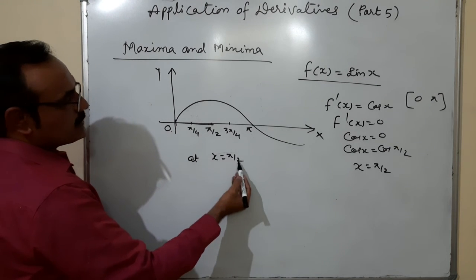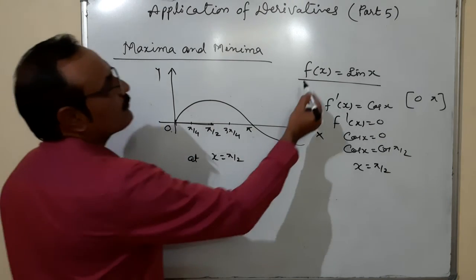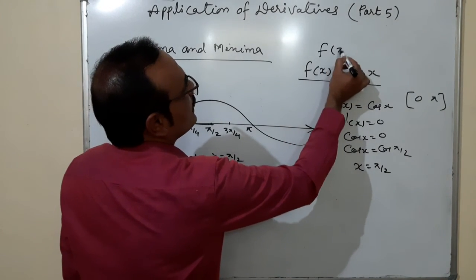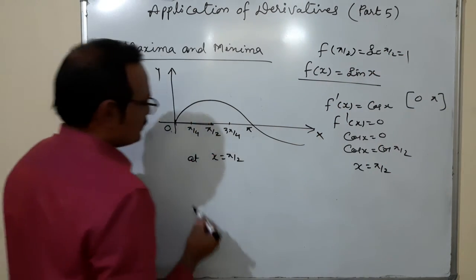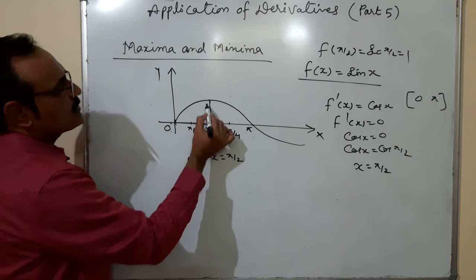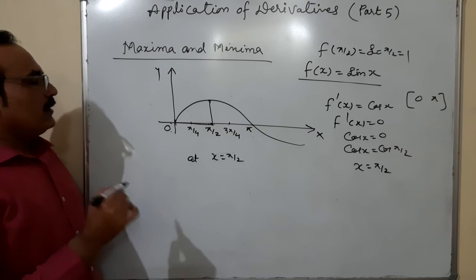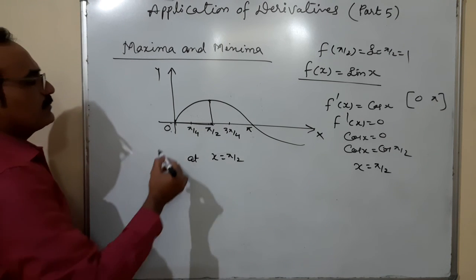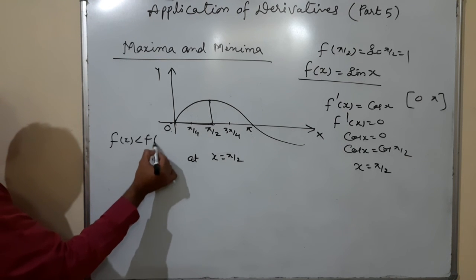At x is equal to pi by 2, if I put x is equal to pi by 2 in the function, f of pi by 2 is sine pi by 2, which is 1. So f of c is equal to 1. This is the maximum value. How can we check it? I told you that f of x is less than f of c.